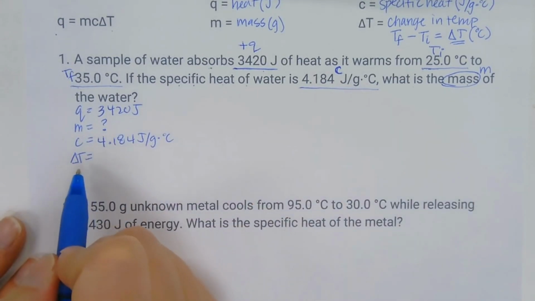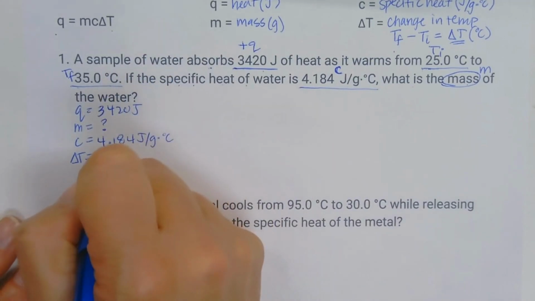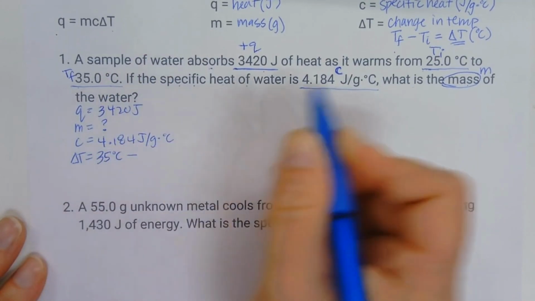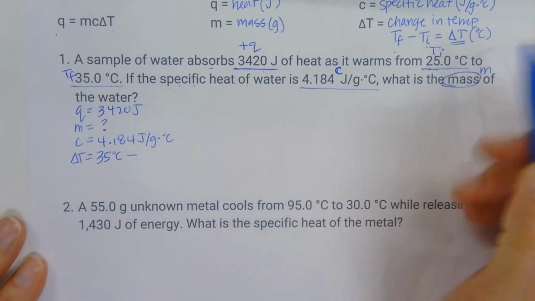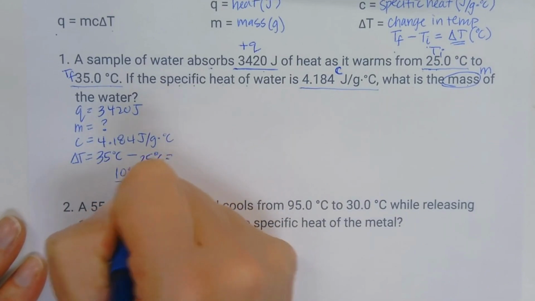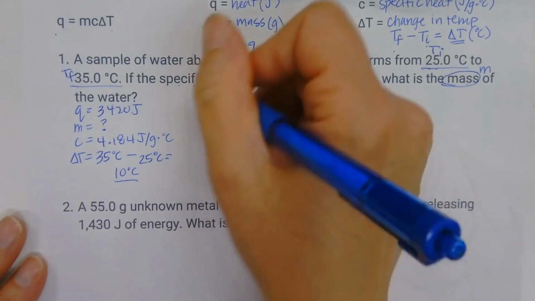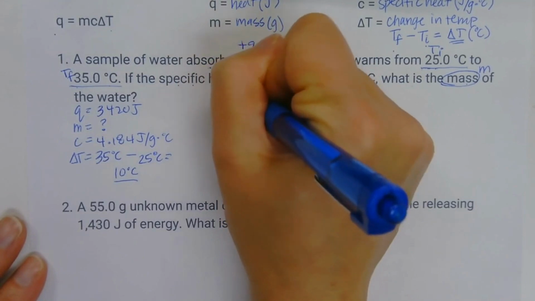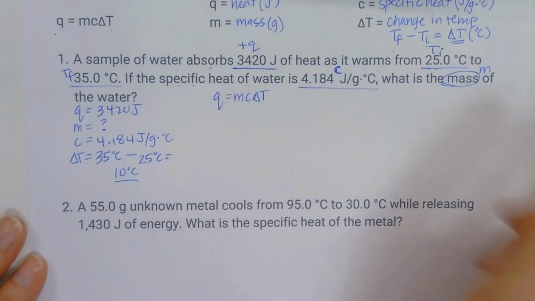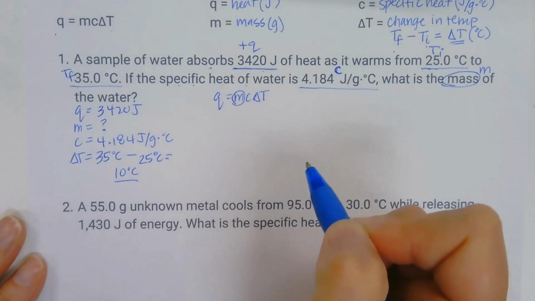And then delta T. So that's my final temperature, which is 35, minus my initial temperature, which is 25. So this is 10 degrees Celsius as my delta T. Okay, so next, if I look at my equation, Q equals mc delta T, I'm going to rearrange this so I isolate the M variable.